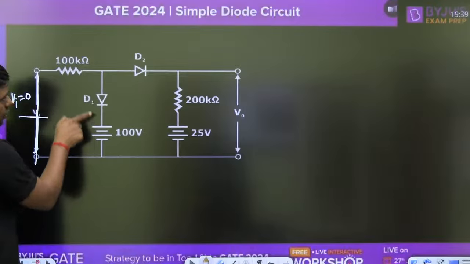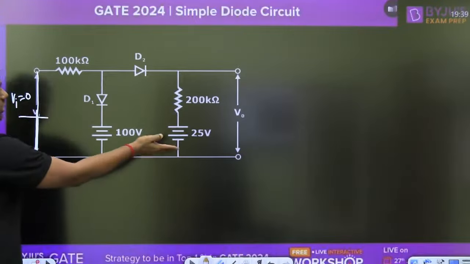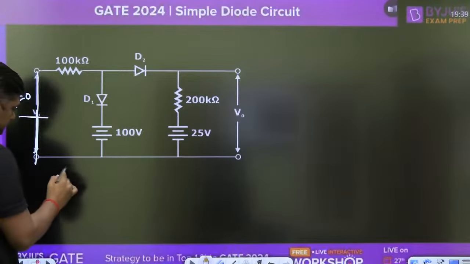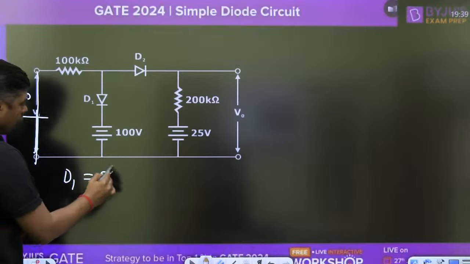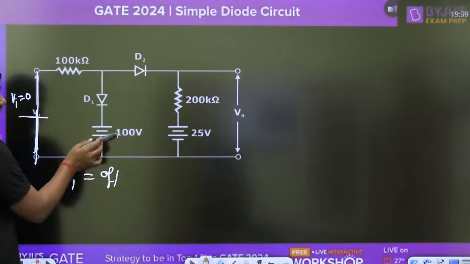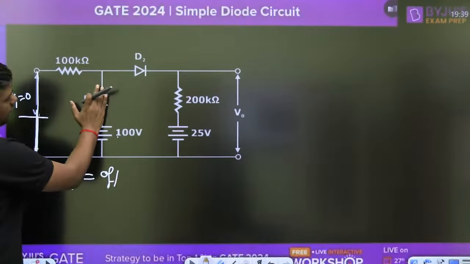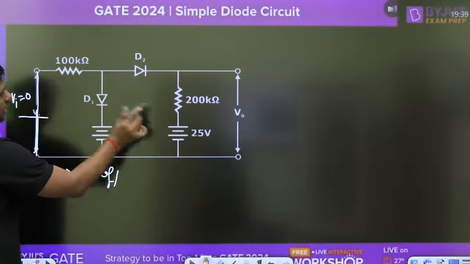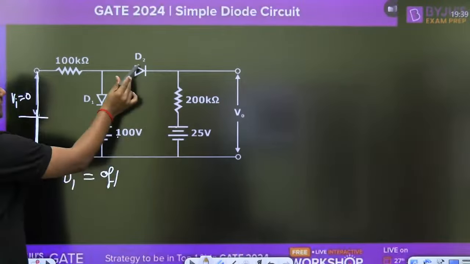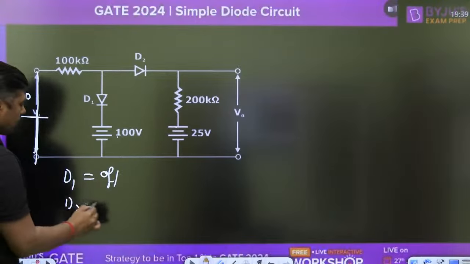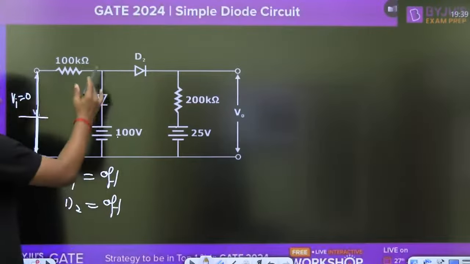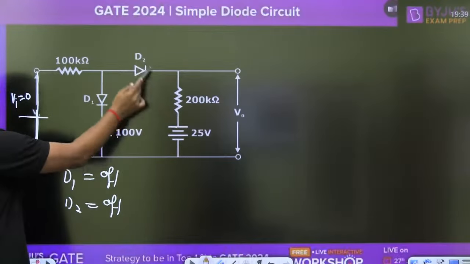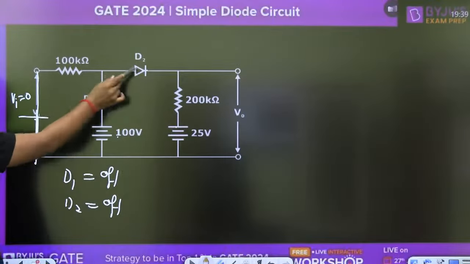Because of this 100 volt, definitely diode D1 is off. Why is D1 off? Because it is reverse biased by the 100 volt. Now once it is off, remove the 100 volt battery, it is out of the circuit. Now the 25 volt will also reverse bias D2, so D2 is off. Because we have removed the 100 volt battery, D2 is also connected to the negative terminal, here the voltage is 0, so this is also off.